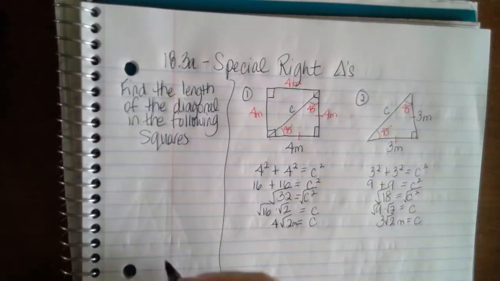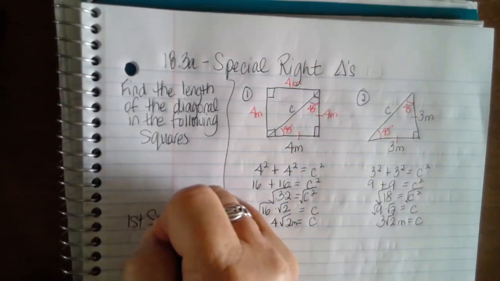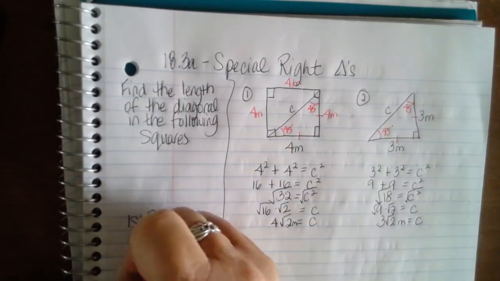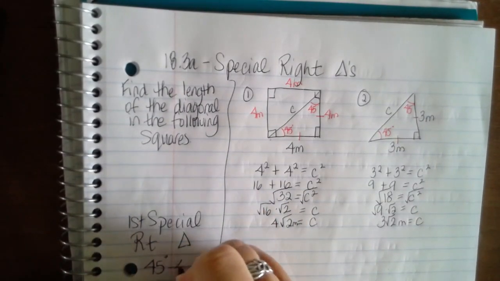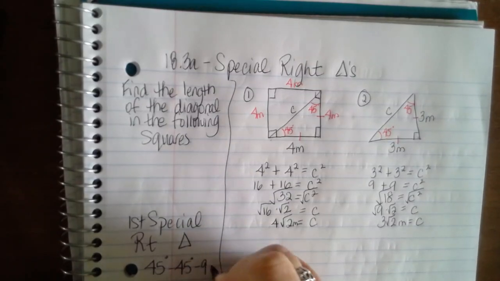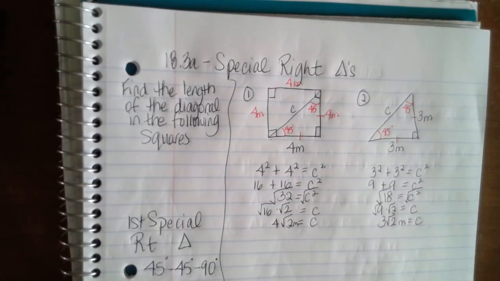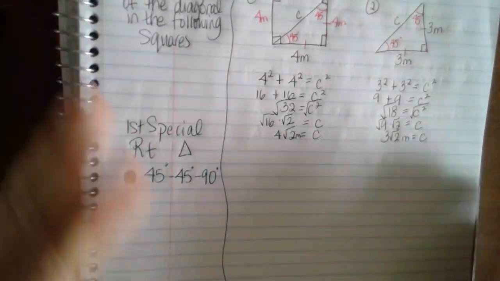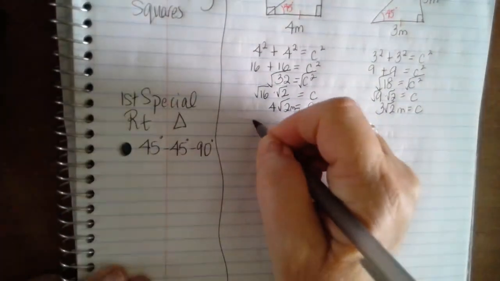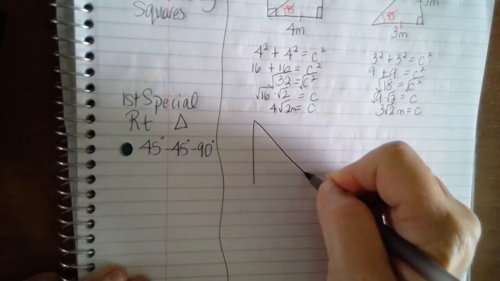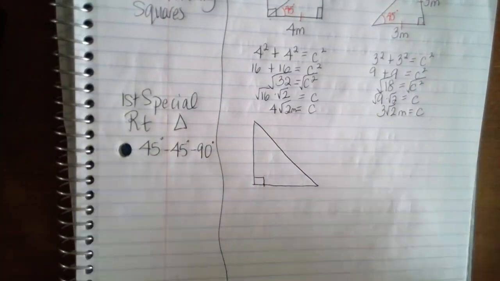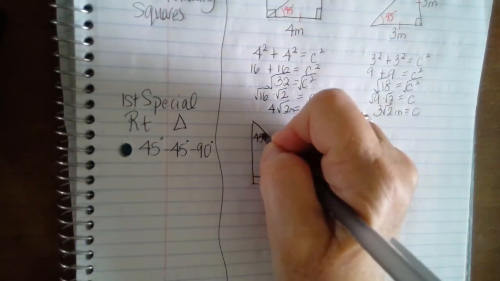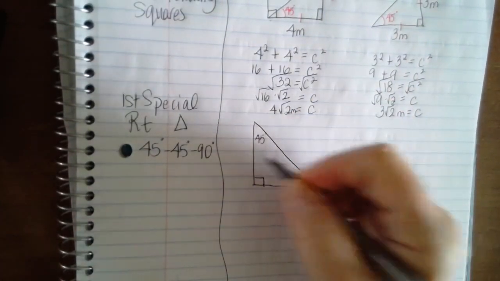So our first special right triangle is a 45, 45, 90 triangle. So I'm going to go ahead and draw that. This is the formula that we're going to be using. So it's a 45, 45, 90, so 45 degrees, 90.